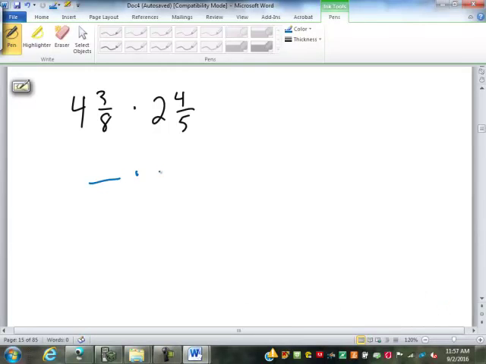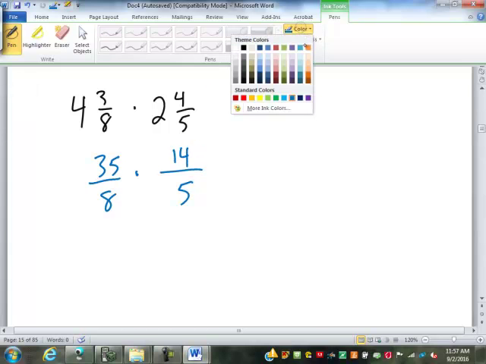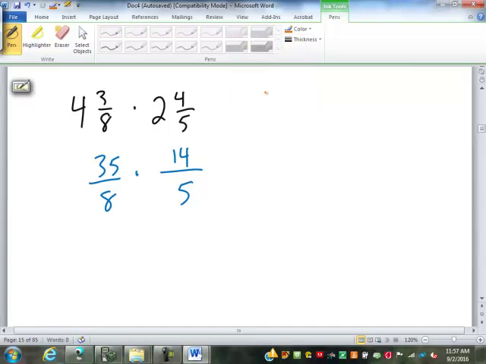Okay, so our first step is to make it into an improper fraction. 4 3/8 becomes 35/8. There we go. Be brave. 2 4/5 is 14/5. Perfect. Now we can reduce it.